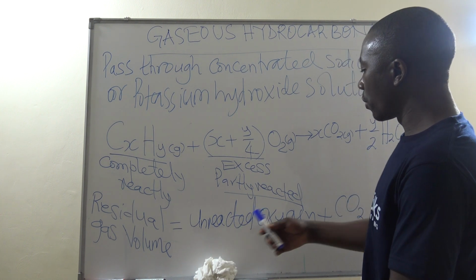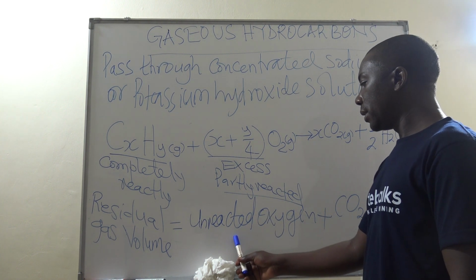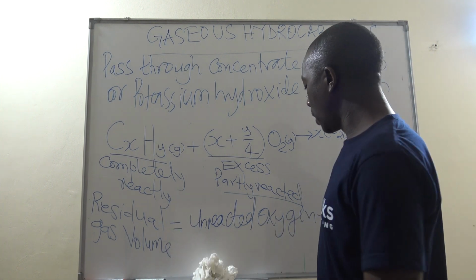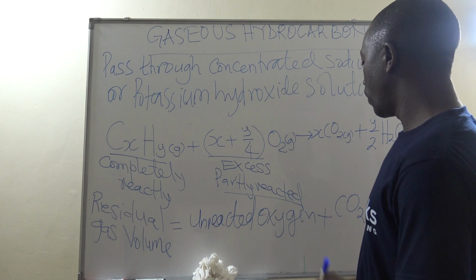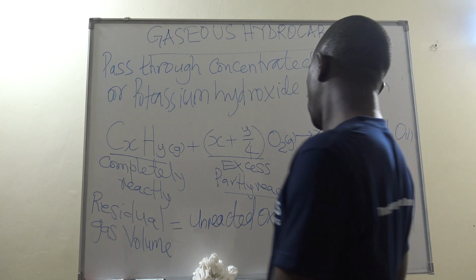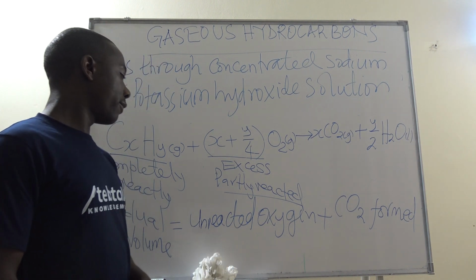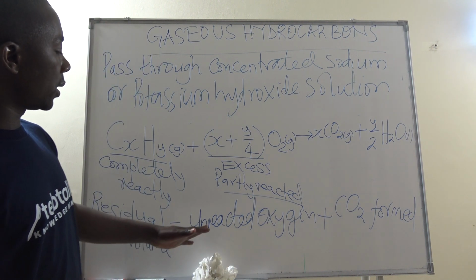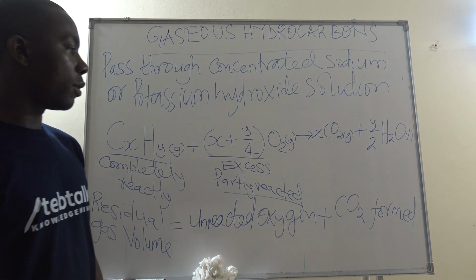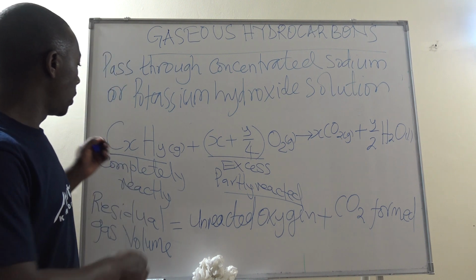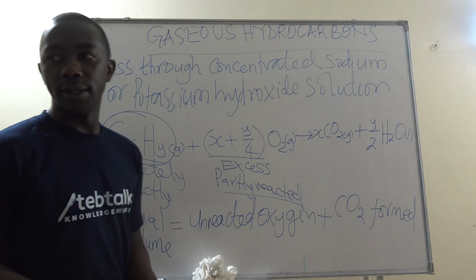The part that has gone away is the volume of carbon dioxide gas, and the part that remains is the volume of unreacted oxygen gas. So by subtraction, we shall be able to obtain the volume of carbon dioxide gas formed and the volume of unreacted oxygen. Later we use these two pieces of information to calculate the molecular formula of the hydrocarbon, which is in the gaseous state.